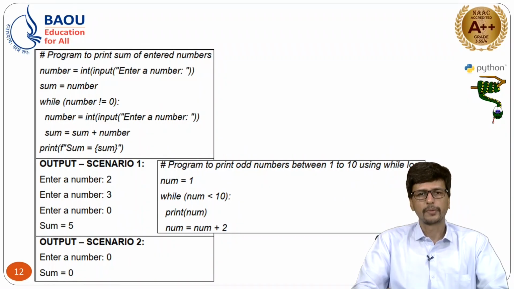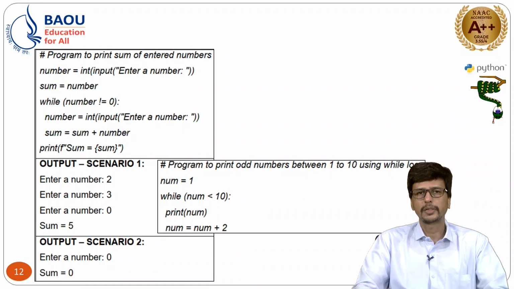Second demonstration for the while loop: suppose you want to print odd numbers. As we have already discussed in the for loop, the same program we are using here with the while loop. So initialize one variable, the counter variable, with 1, then check the condition number less than 10. So till the value of number is less than 10, whatever statements are inside that body will be executed.